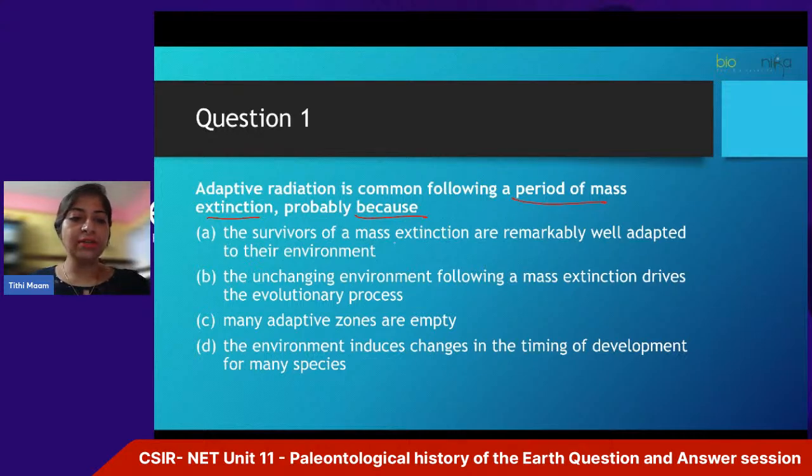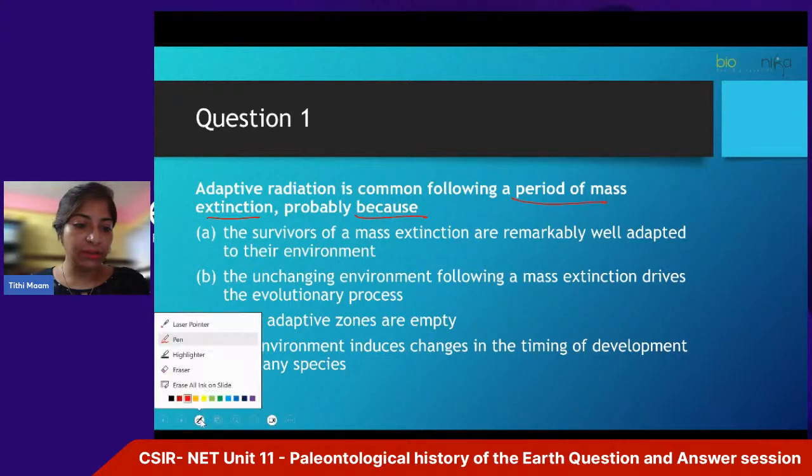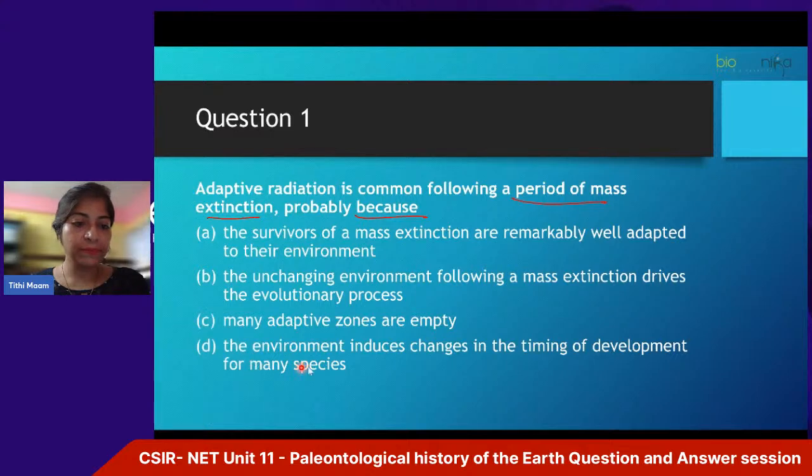The options are: one, survivors of the mass extinction are remarkably well adapted to their environment. Second, the unchanging environment following a mass extinction drives the evolutionary process. Next, many adaptive zones are empty. And fourth option, environment induces changes in the timing of development of many species.